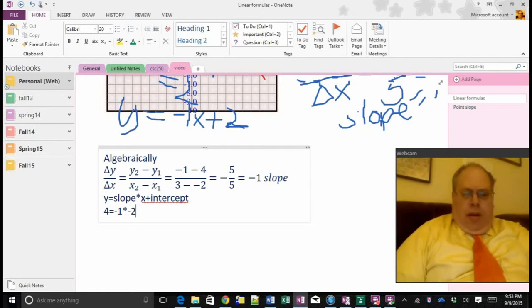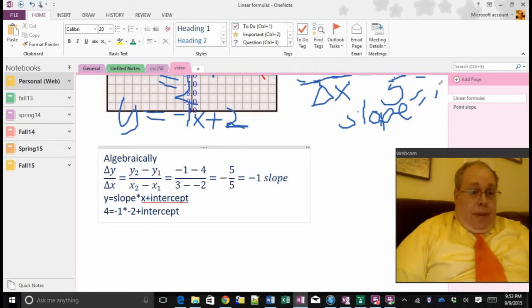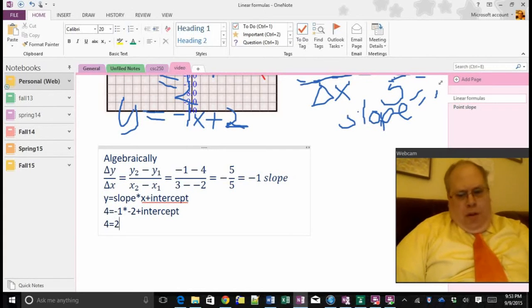plus intercept. So we're going to get 4 equals 2. -1 times -2 is 2. Now, you should not be ashamed if you want to make sure you're right by using a calculator to do these little calculations, because that's what they exist for. Plus the intercept.